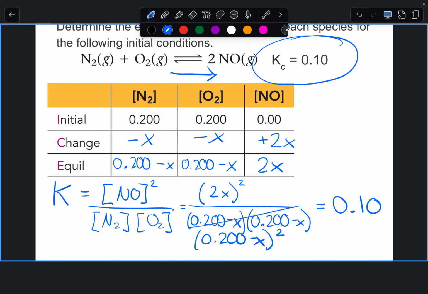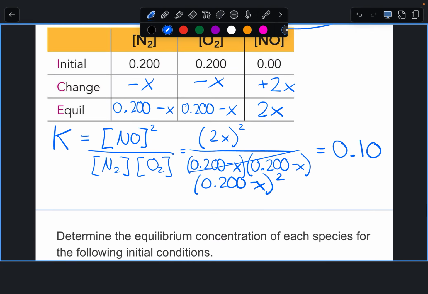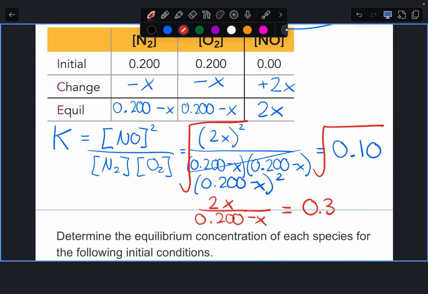Right now this is what I have, and I'm going to take the square root of both sides, because remember that's algebra. I can do anything I want as long as I do it to both sides. And that'll leave me with 2x over 0.200 minus x equals the square root of 0.1, which is 0.316.